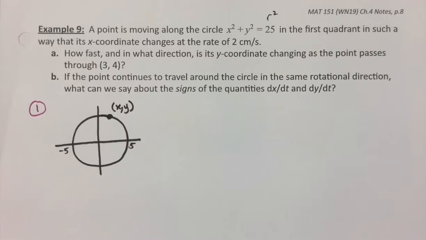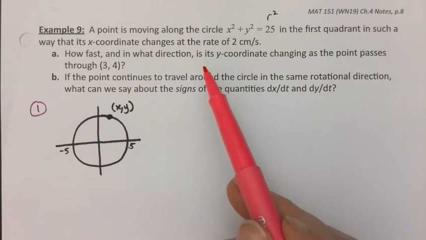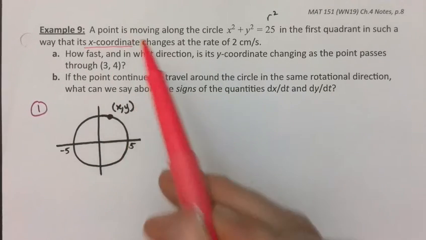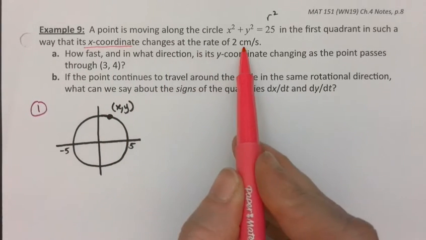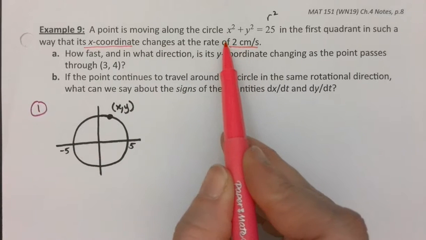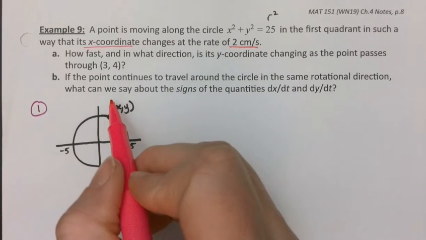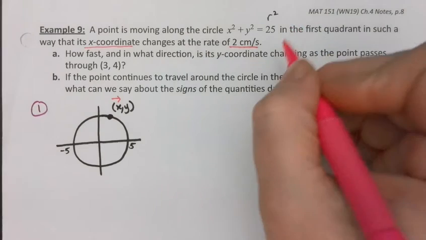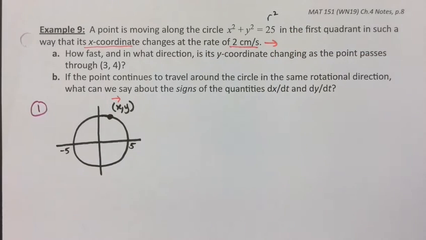They say it's traveling in such a way that its x coordinate is changing at a rate of 2 meters per second. That's positive, which means it must be going to the right.